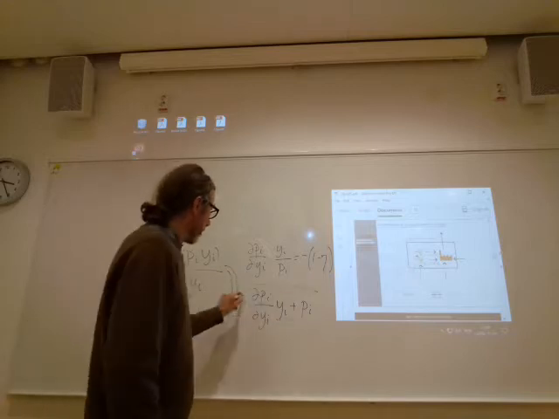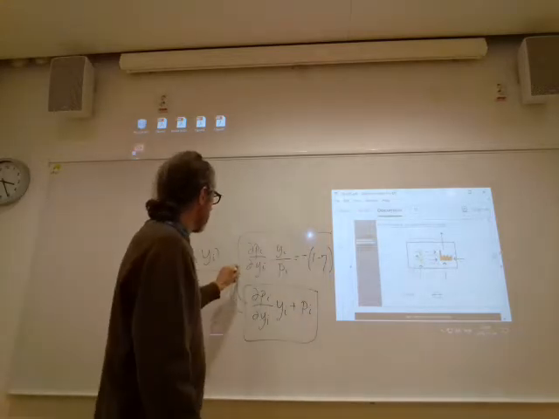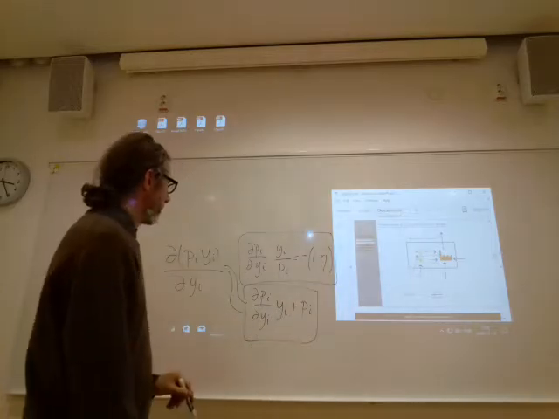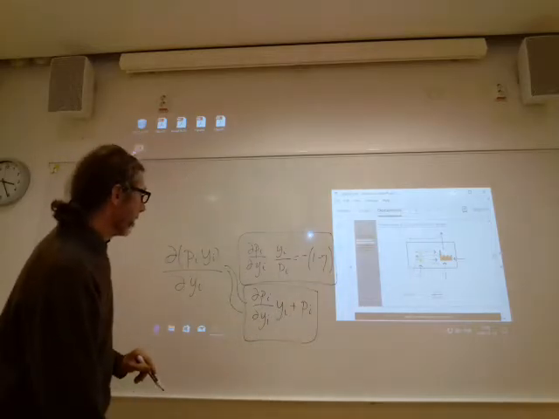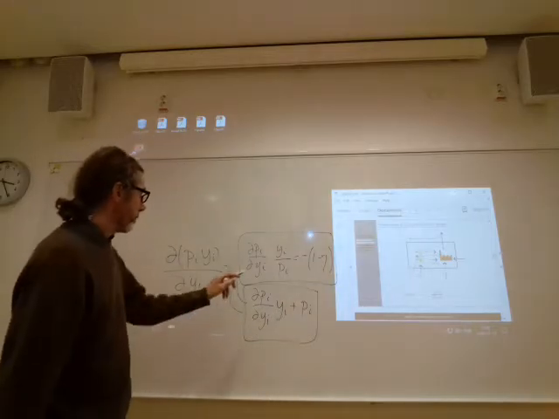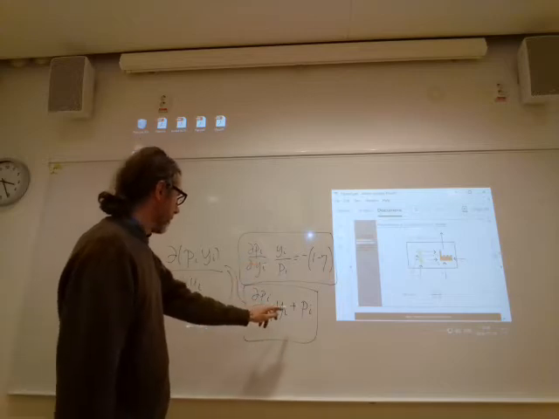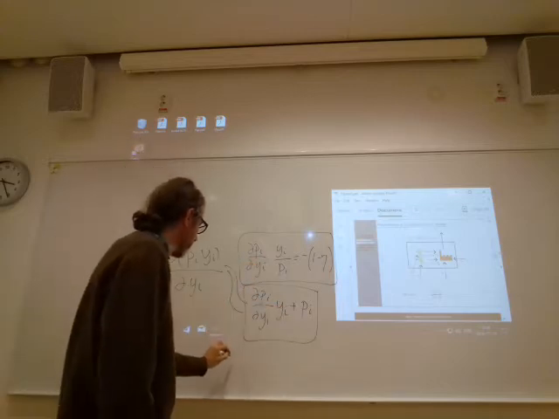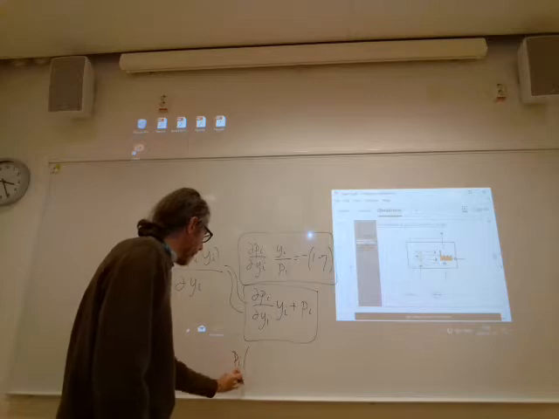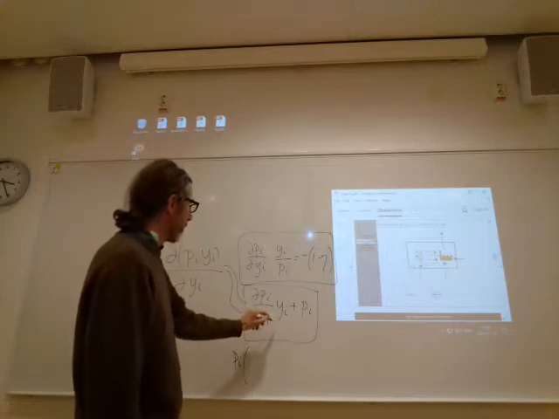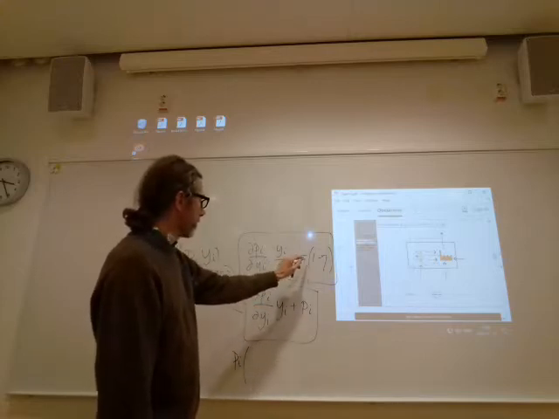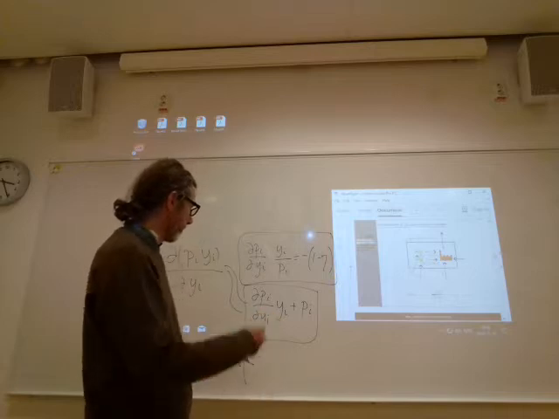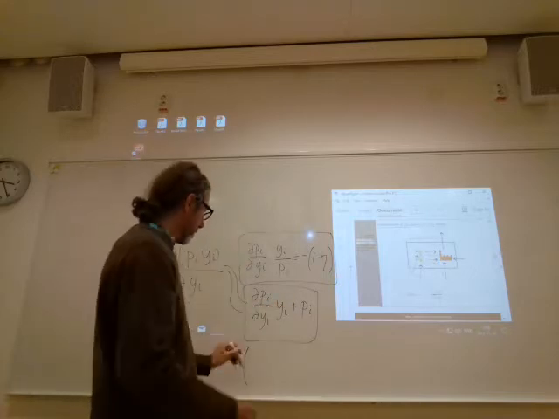If we take a pi outside of this, we end up with pi times (dpi/dyi times yi over pi), which is minus (1 minus eta), plus 1.